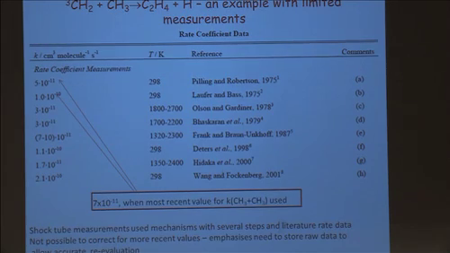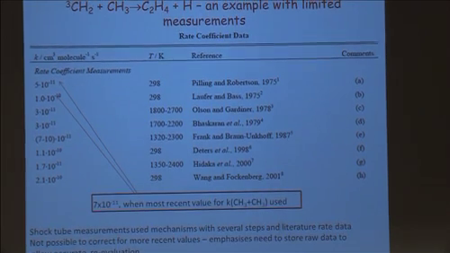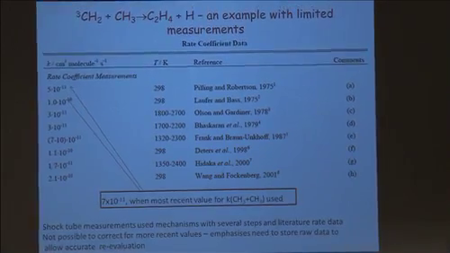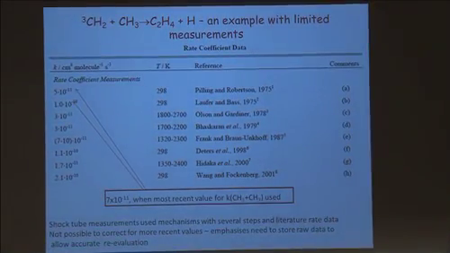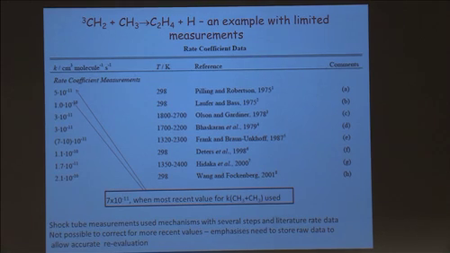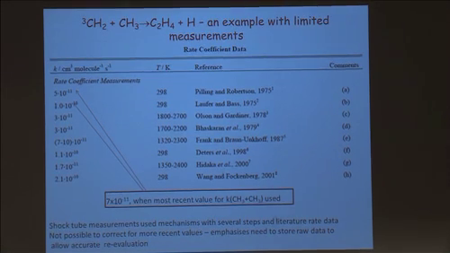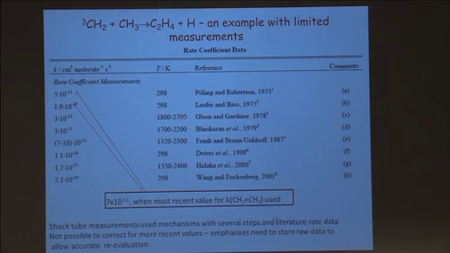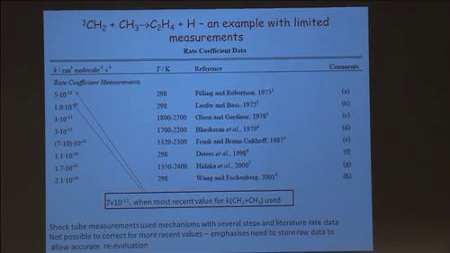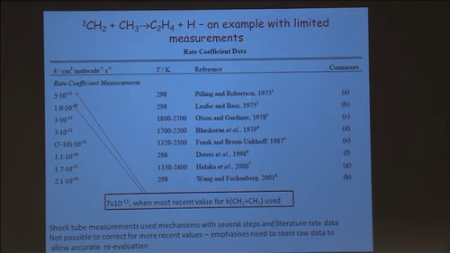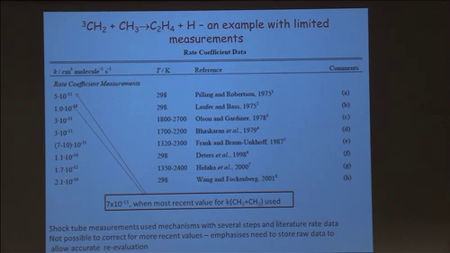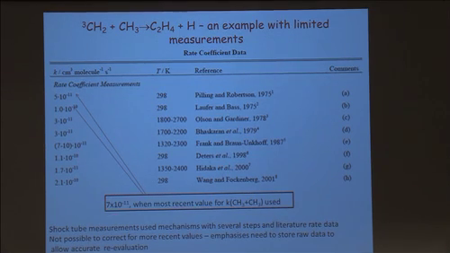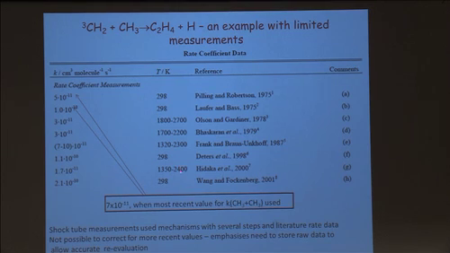Okay, here's another reaction. This is triplet methylene reacting with CH3, and this shows the other side of the coin. So this is a set of measurements dating back to 1975 with a range of values and a range of temperatures.